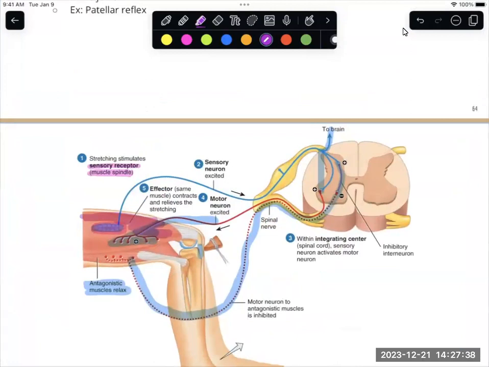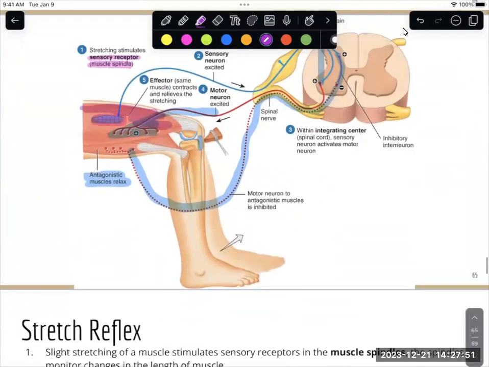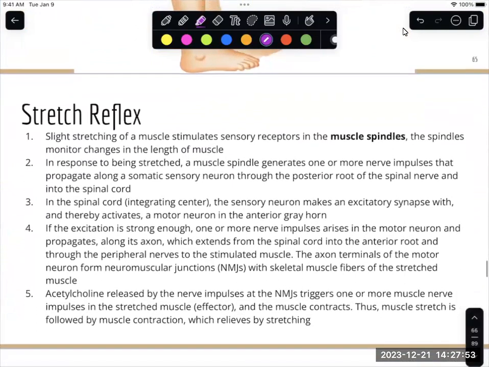Information's going up to the brain. This information goes out to that quadricep muscle to contract. Information goes to the hamstrings on the opposite side of the leg to relax. So these muscle spindles are monitoring the length of your muscles at all times.